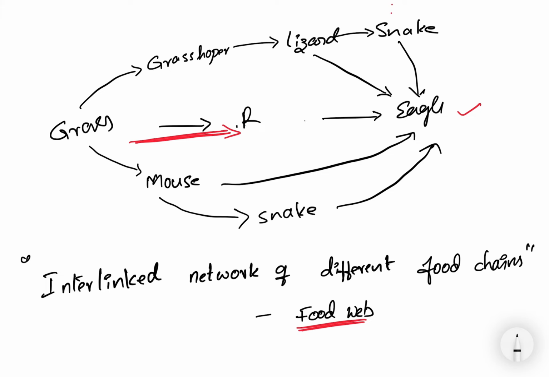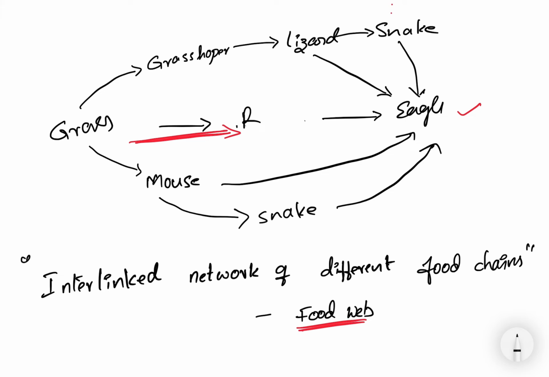Even those top carnivores can be eliminated due to lack of food. So the entire ecosystem will collapse. To stop this destruction, nature provides many alternatives for every single organism.